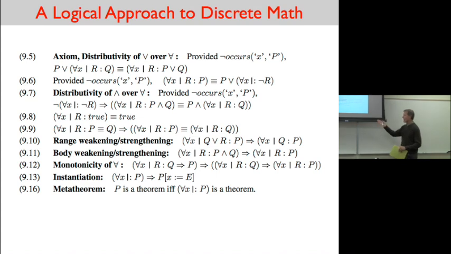In order to understand how this works, I want to give you a few examples with some free variables. So let's do a note on 9.16. As it turns out, this is also kind of a crucial one, because it relates predicate calculus with propositional calculus.